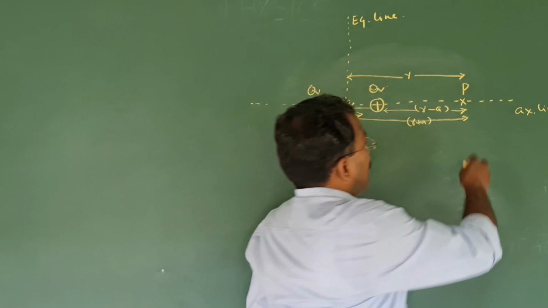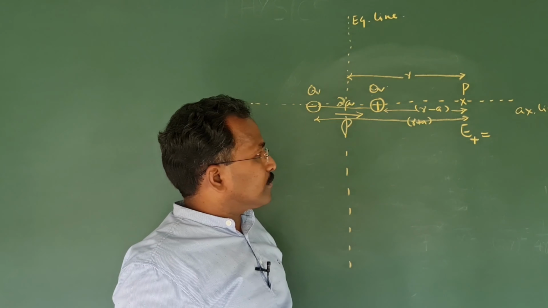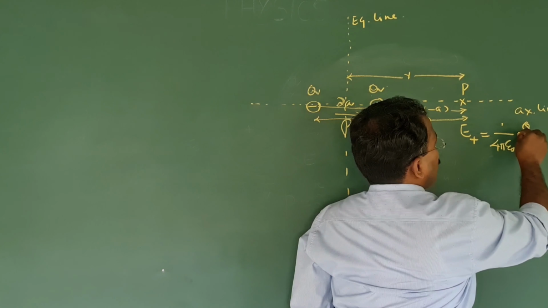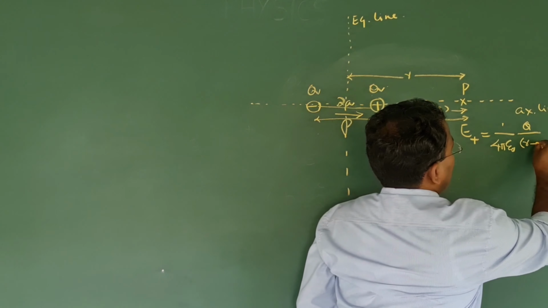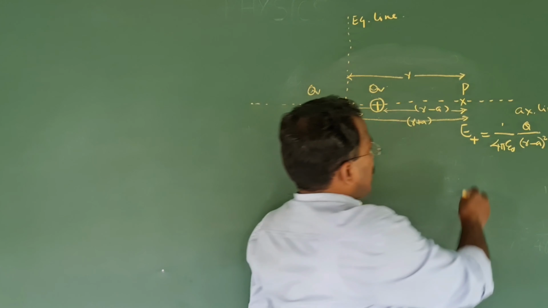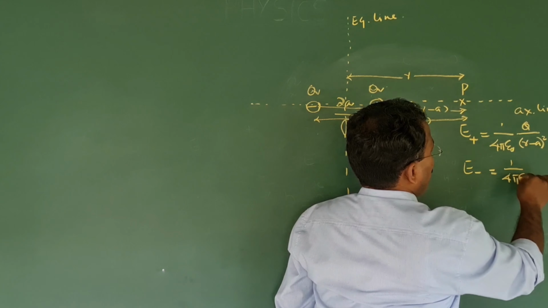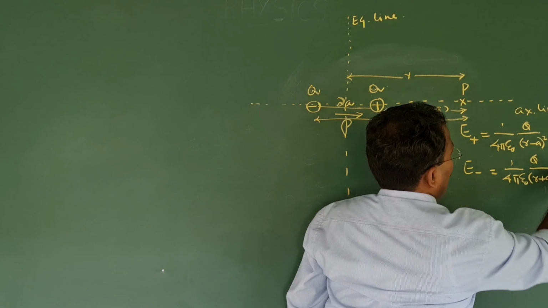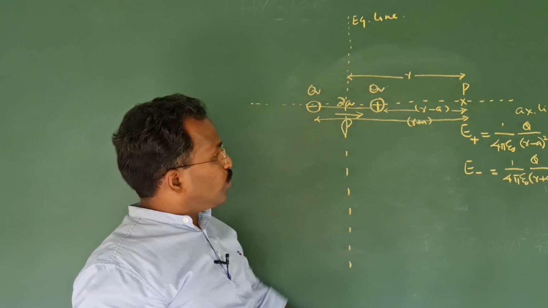I am writing that E plus is equal to 1 by 4 pi epsilon 0 into q divided by this distance r minus a the whole square, and E minus is equal to 1 by 4 pi epsilon 0 into q divided by r plus a whole square. So I hope you understood these two.